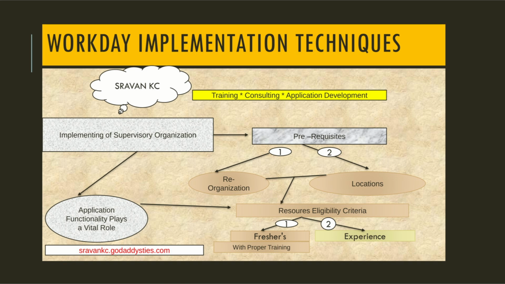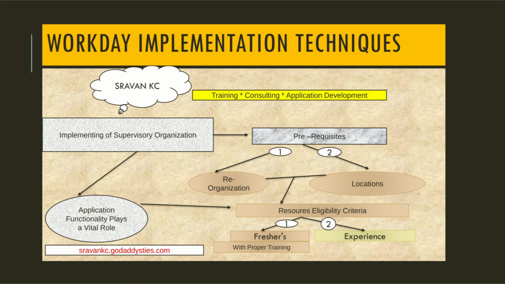To implement a supervisory organization, we require prerequisites. One is reorganization, another is location. To implement reorganization and locations, the resources' eligibility criteria have to be captured.